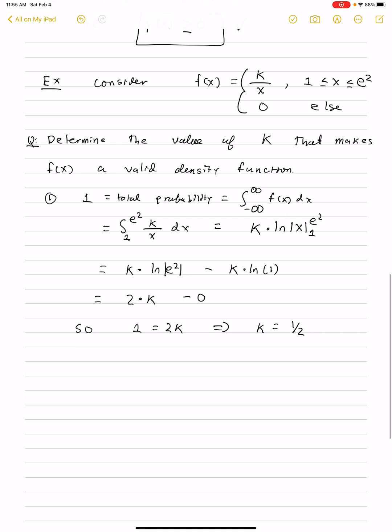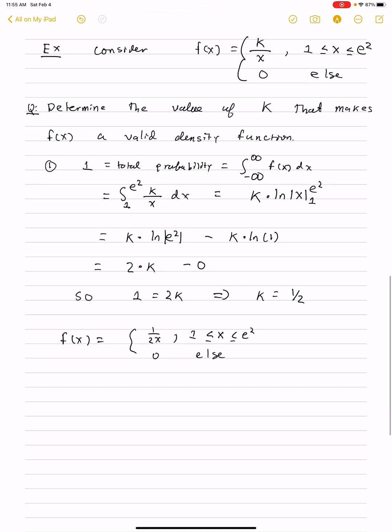So f of x is going to be equal to 1 over 2x from 1 to e squared, and 0 else.